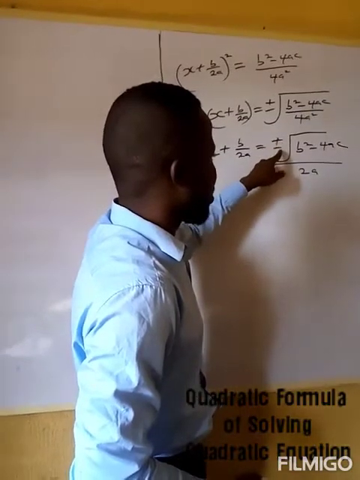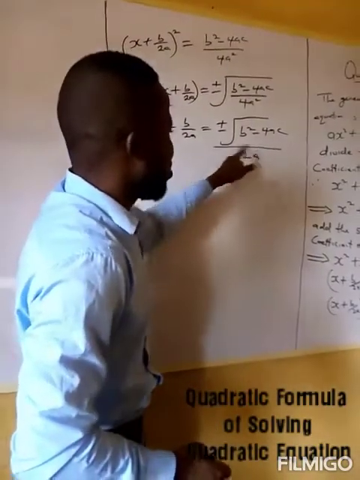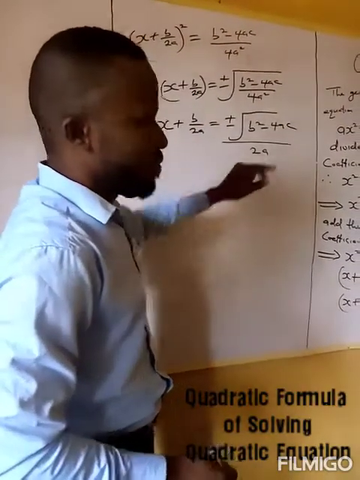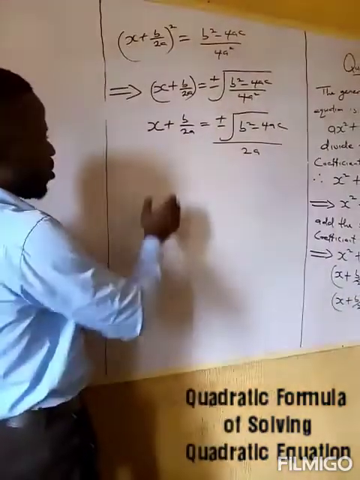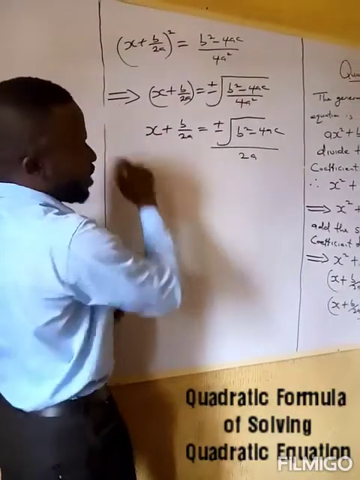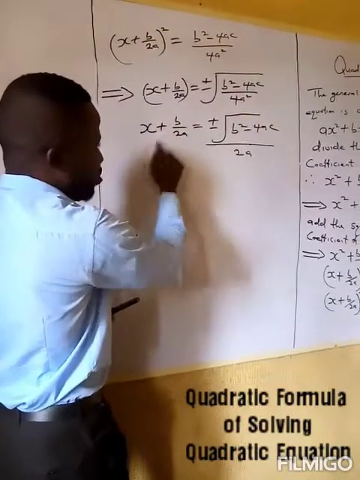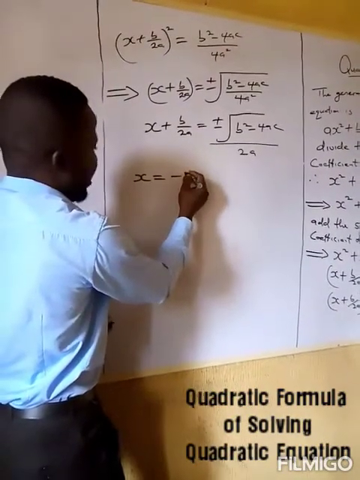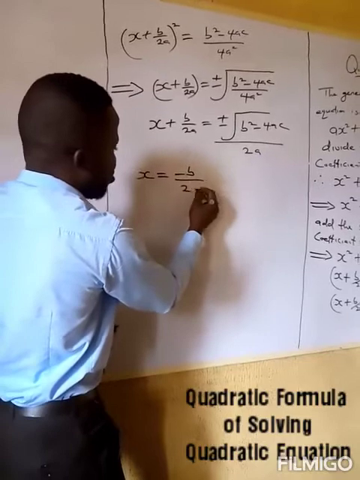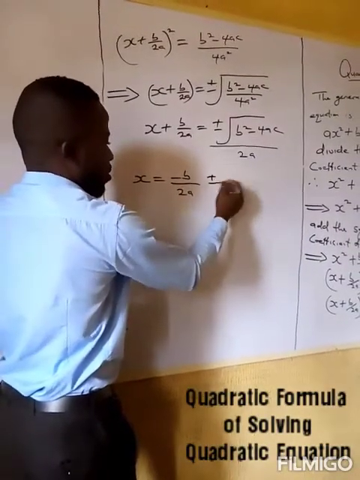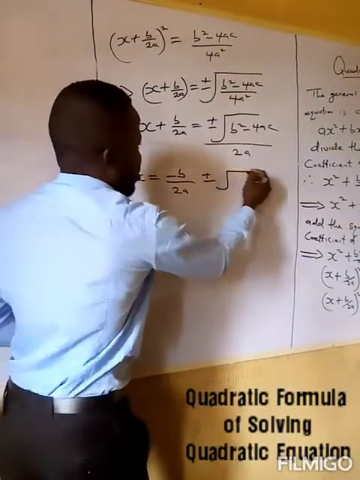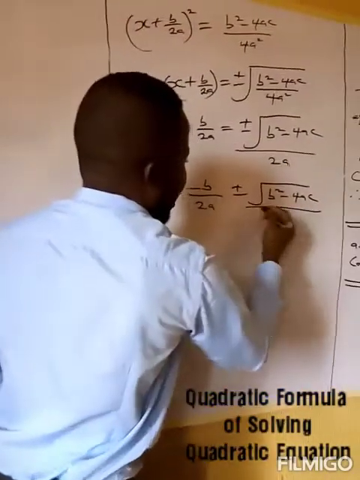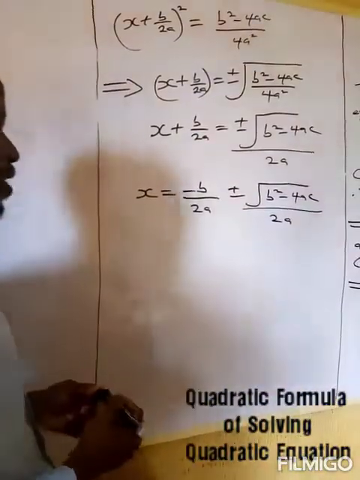Therefore, it becomes plus or minus root b squared minus 4ac over 2a. That means I found the root of 4a squared to give me 2a. Now, since it is s we are looking for, s becomes minus b over 2a plus or minus root b squared minus 4ac over 2a.